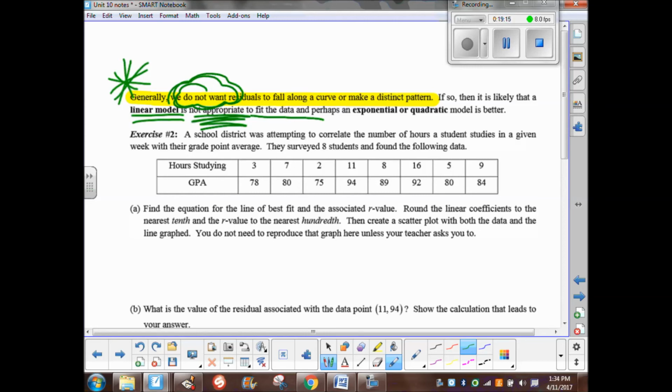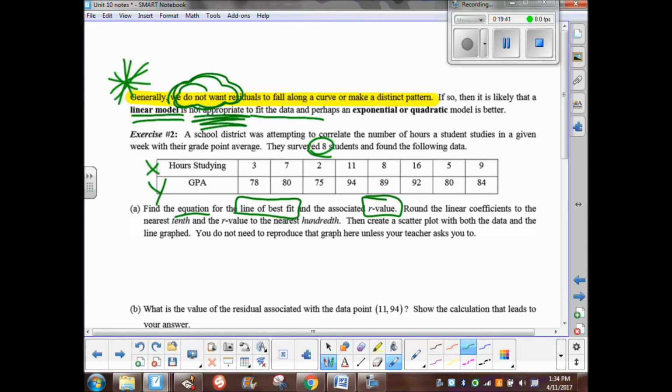A school district was attempting to correlate the number of hours a student studies in a given week with their grade point average. I think we did this data before. They surveyed 8 students, and we've got the data. So hours studying X, GPA Y. Find the equation of the line of best fit and the R value.